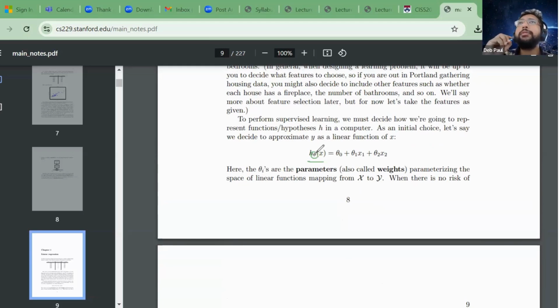That means the parameters of this function are theta, which are nothing but the w's that I'm talking about, and this is basically a linear combination, or linear weighting, of my features. I'll come later to why I'm stressing on this parameter and not something else.